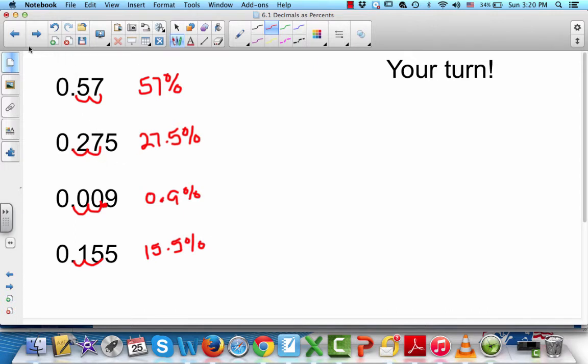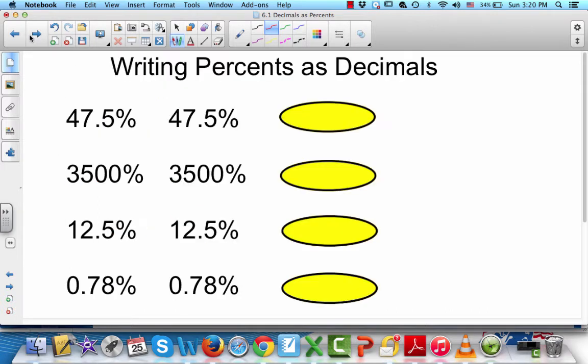All right, now let's move on. What we're going to be doing now is writing the percents as decimals. We're going to be going the opposite direction. So if we move them 2 places to the right towards the percent sign, when we're going from decimals to percents, then when we're going from percents to decimals, we're going to go 2 places to the left or away from the percent sign.